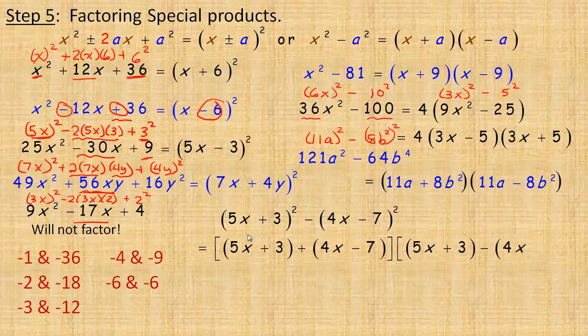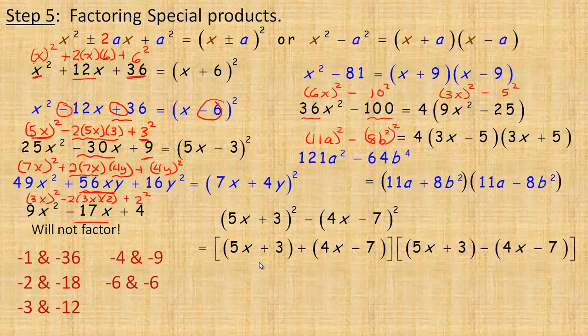So, see, 5x plus 3 is what's squared here, so there's going to be a 5x plus 3 here and a 5x plus 3 here, just like, since it was 11a that's squared here, there's 11a and 11a here. Plus, minus, and it's 4x minus 7 that's squared on the end, so a 4x minus 7 at the end of the first, and a 4x minus 7 at the end of the second.